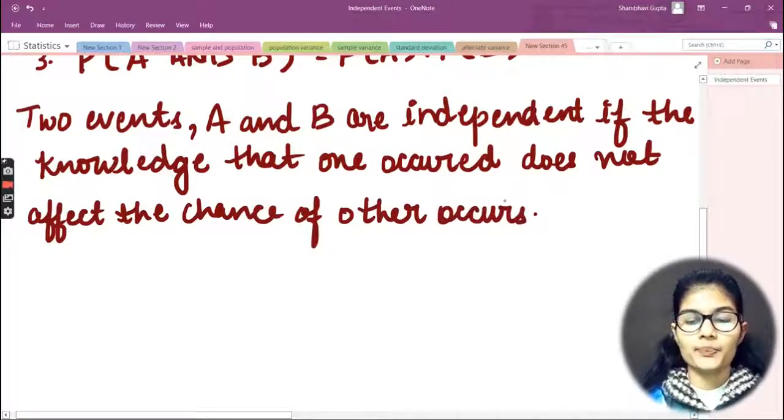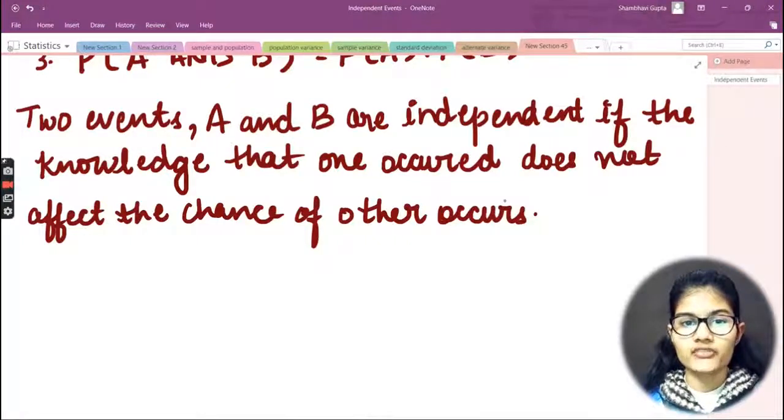Now, what do I mean by what I have written here? Listen to me: two events A and B are independent if the knowledge that one has occurred does not affect the chance that the other occurs. In that case, A and B, the two events, are said to be independent. So this is what independent means here.